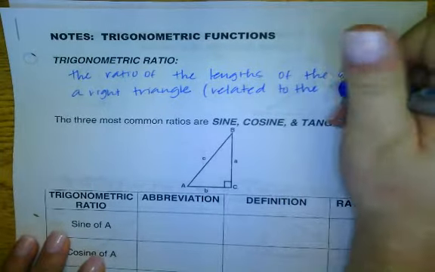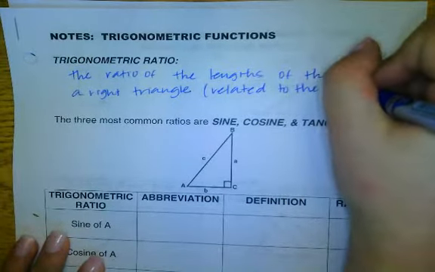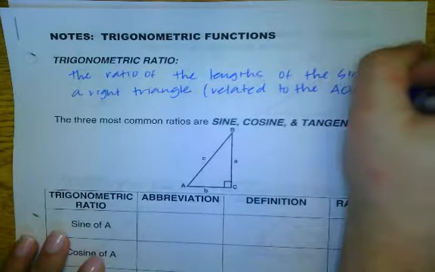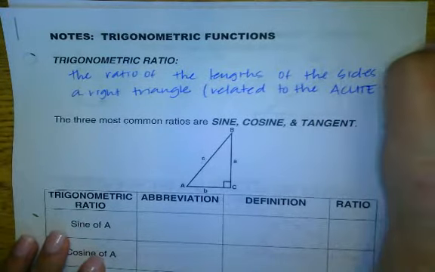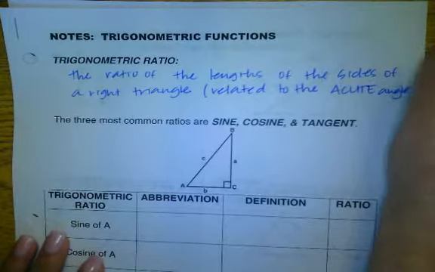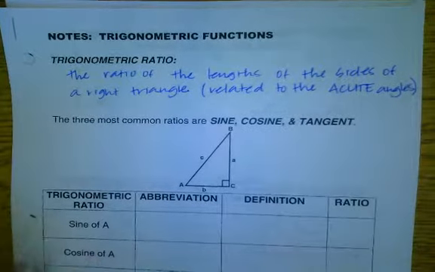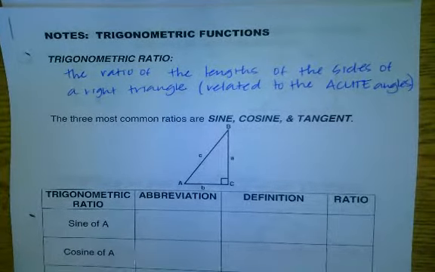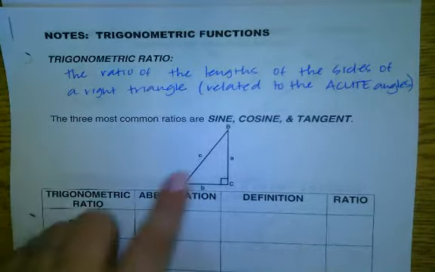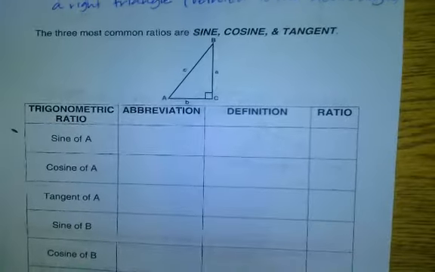So you have one right angle and 2 acute angles. Okay, the 3 most common ratios we talked about already: sine, cosine, and tangent. Okay, so we're going to go through this table here using this picture.